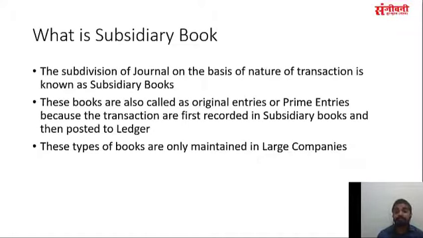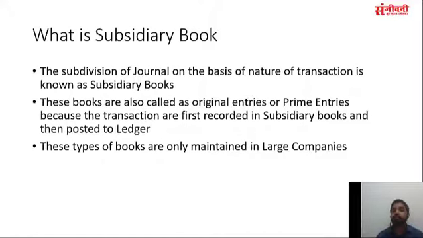First of all, you must know that we have learned about the journal. What is a journal? Journal was a very prime entry, also known as original entry, and subsidiary books are just a subdivision of the journal. Normally in a company we record whatever transactions there are in journal entries.